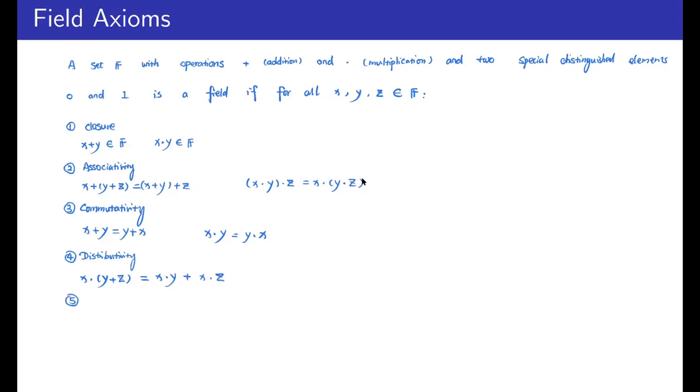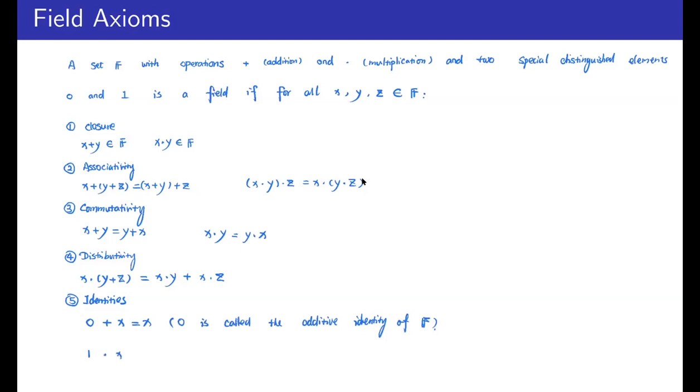Now I want to talk about those two elements. So we have identities. The first one, we have the additive identity, which means 0 plus x equals x for all x in F. So 0 is called the additive identity of F. And we have the multiplicative identity, which is 1.